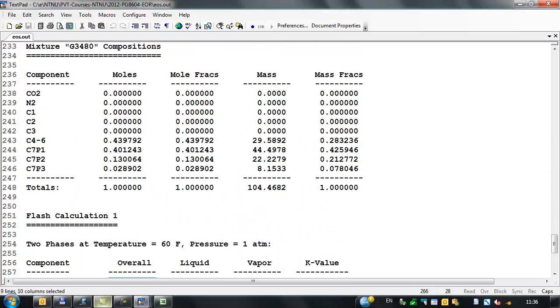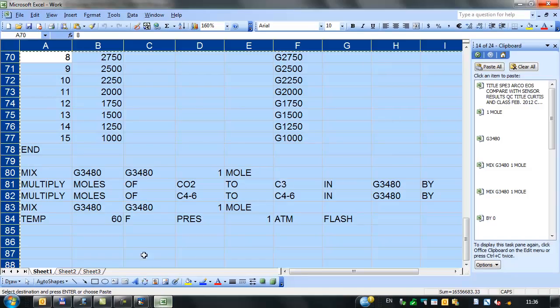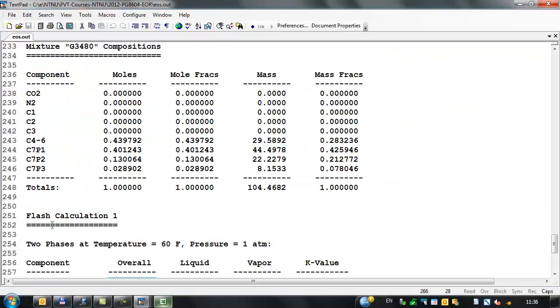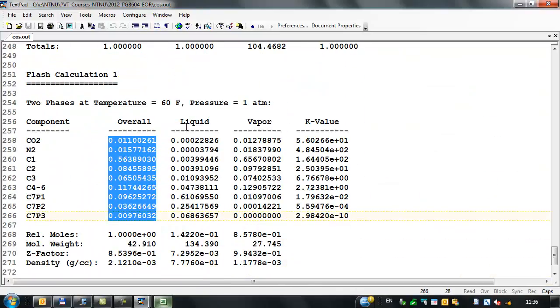Okay, so we were using the wrong material here. I see. This should be mixed feed. Yeah, that's to fill the PVT cell with that. That's the problem. You see, it was not doing the flash with the stock tank oil. It was using whatever was coming from somewhere else.